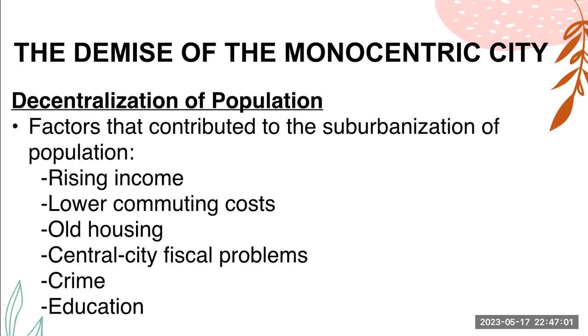Well, one factor is rising income. The demand for housing increases with higher income, and because housing prices are generally lower in suburban areas, rising income increases the relative attractiveness of suburban locations. Of course, we know that locating in a suburban location would increase the opportunity cost of commuting.